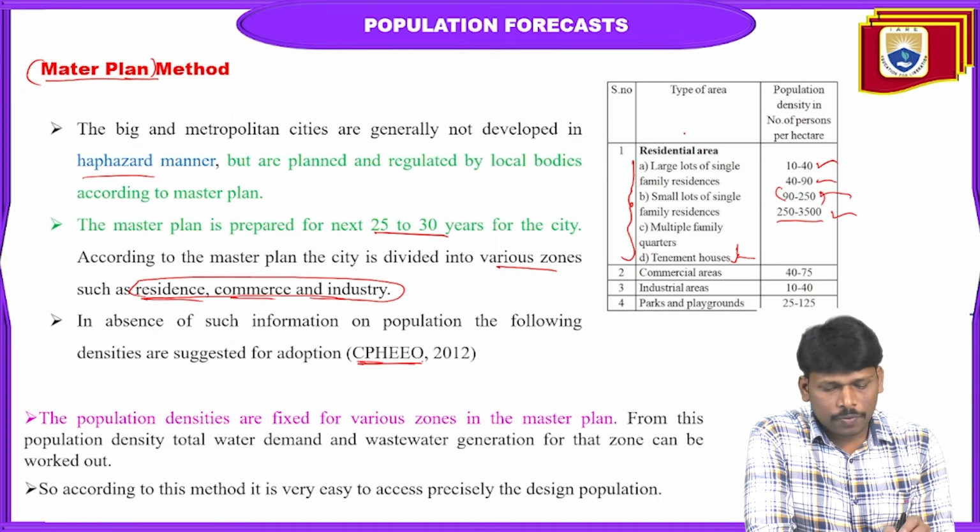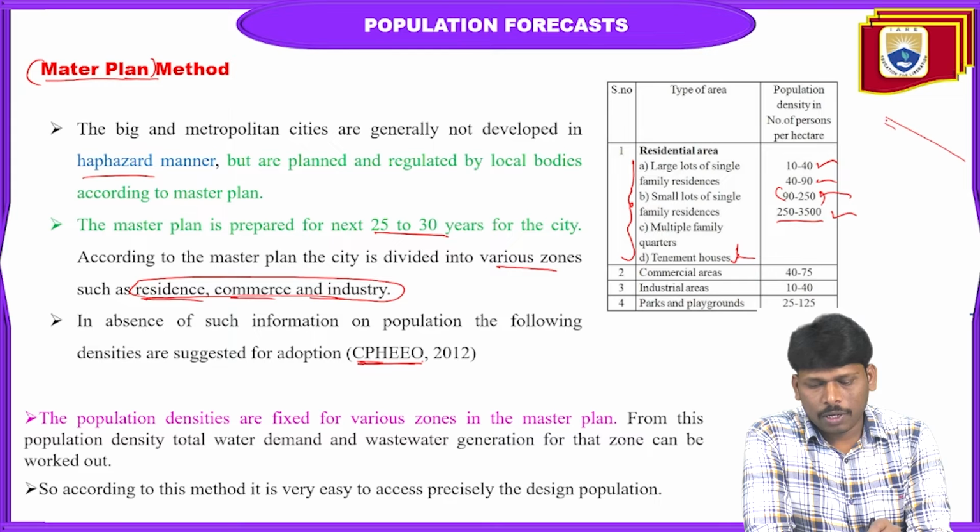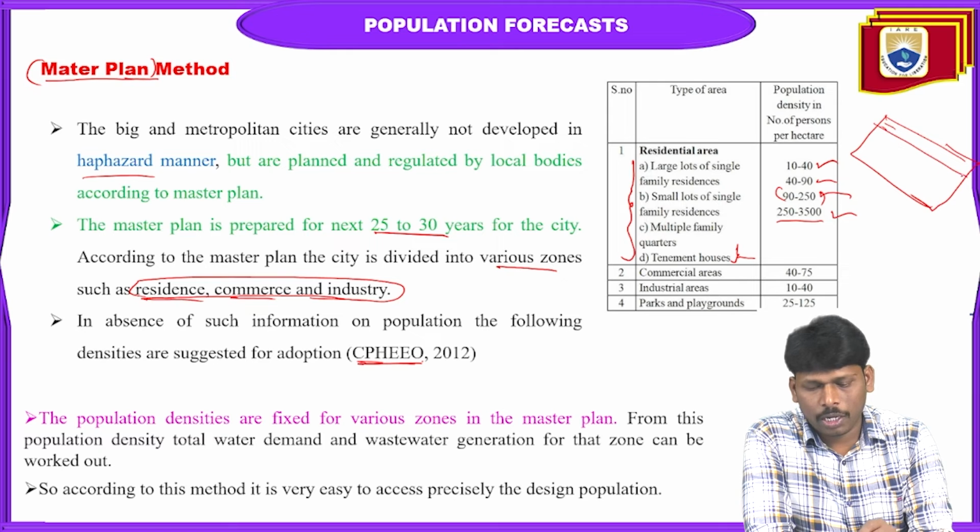And then, in case of type of area, if it is a commercial one, whatever our town is, if you are planning according to the master plan, as I told, in this method we need to divide the entire area for industry purpose, hospitality purpose, residential, educational, and some other different purposes.